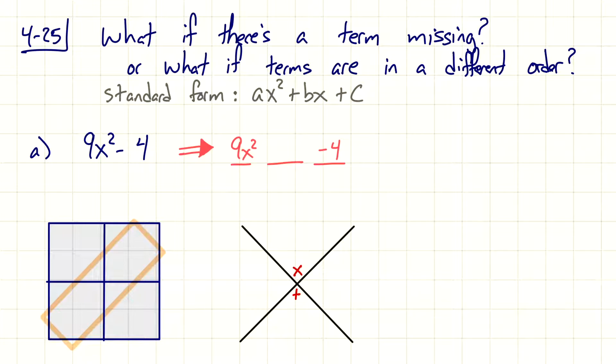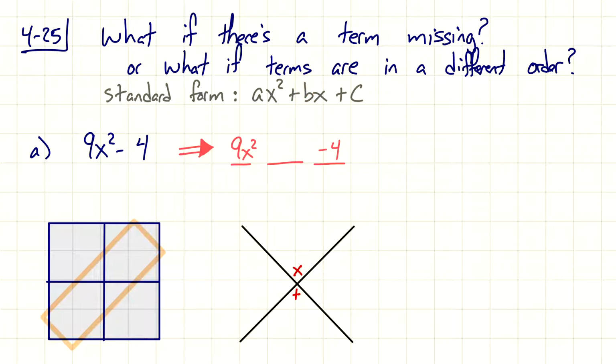So to make this a little bit easier for us, to make it look like standard form, let's just put a term. So what term can we put here so that it doesn't change the expression? So since the middle term is missing, that's like saying this is a 0, right?